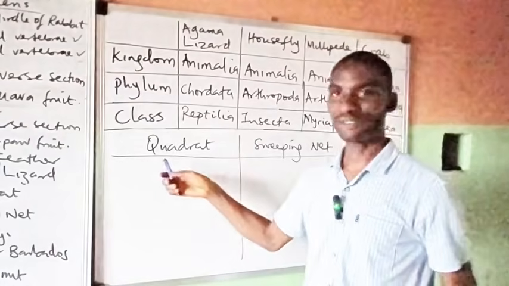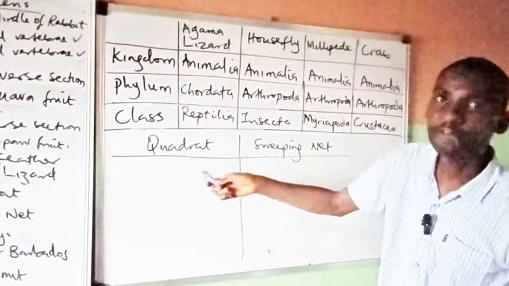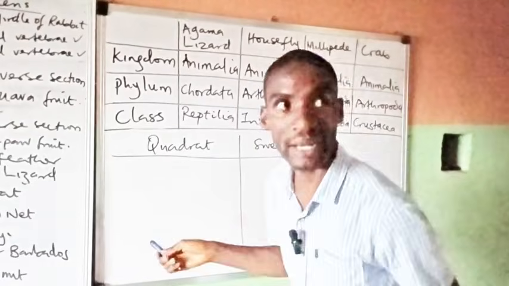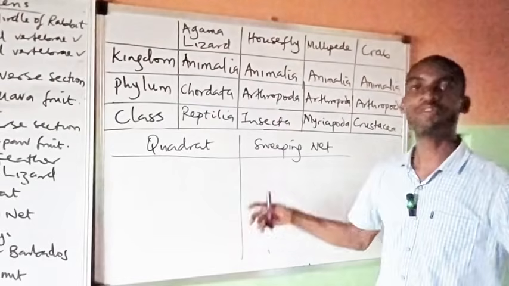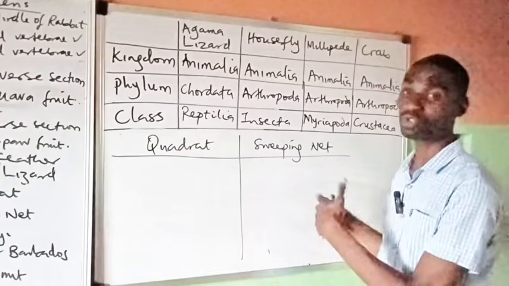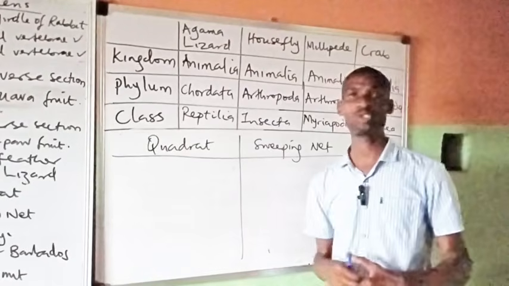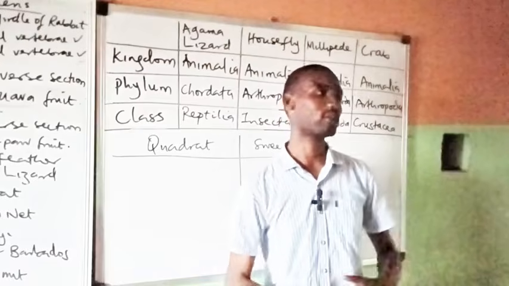So quadrat is used for plants, all right, and for slowly moving organisms, while this is used for fast moving organisms. So they can ask you to draw and they can ask you what they are used for. They are just sampling tools for the ecological study in biology.